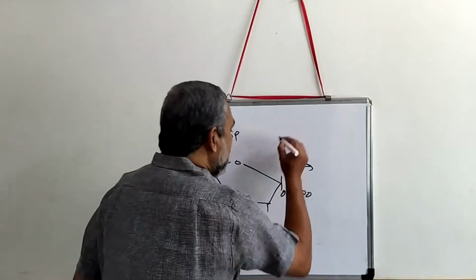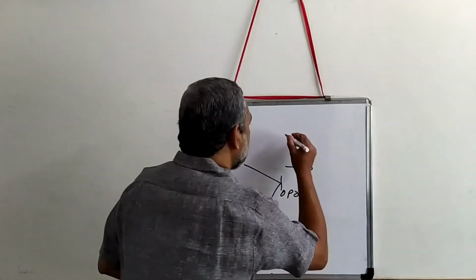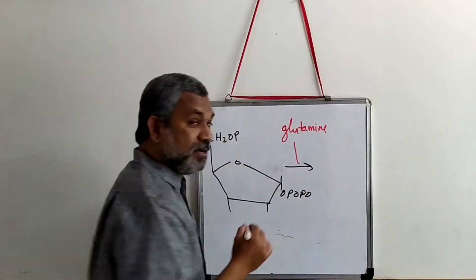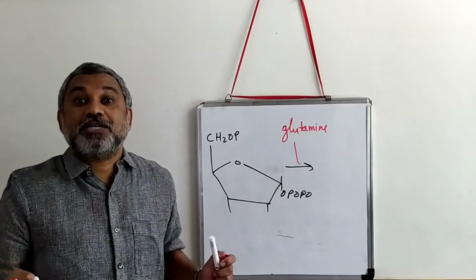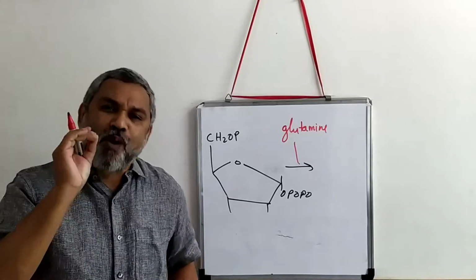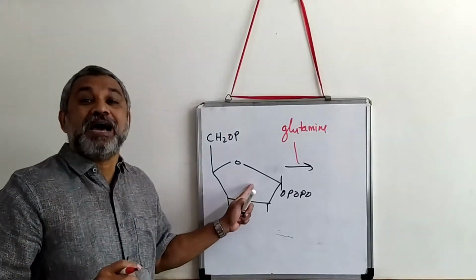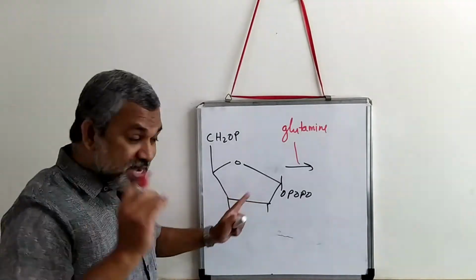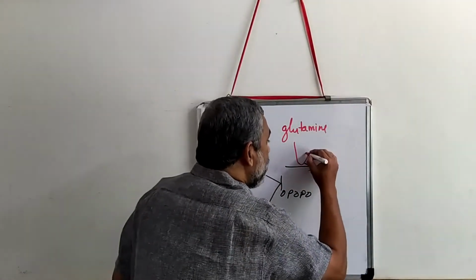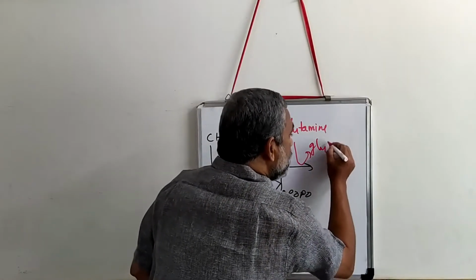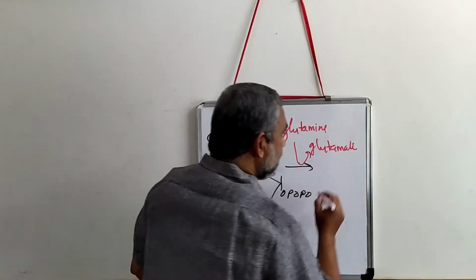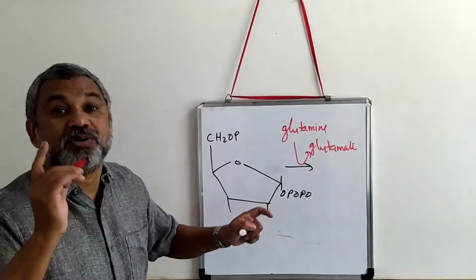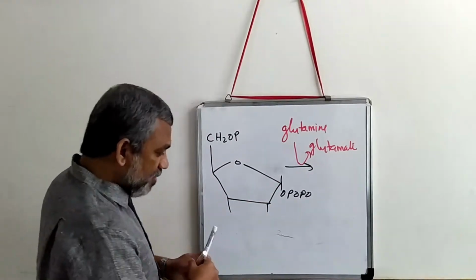glutamine is added. A glutamine comes into the picture. We know that glutamine has 2 amino groups. One of the amino groups is given to this PRPP. The amide nitrogen is added to this, and once you remove that, it becomes glutamate, and that amino group is added to carbon number 1, and you have a product.